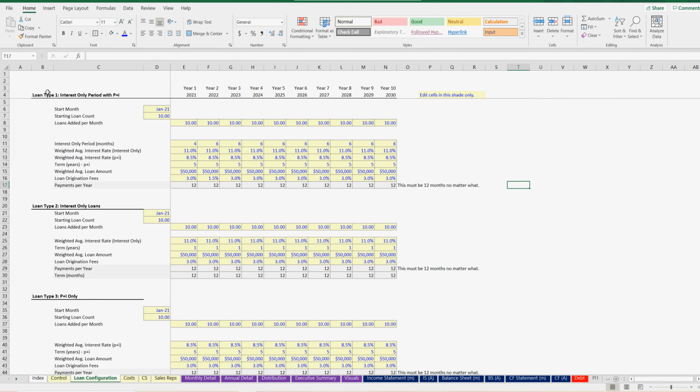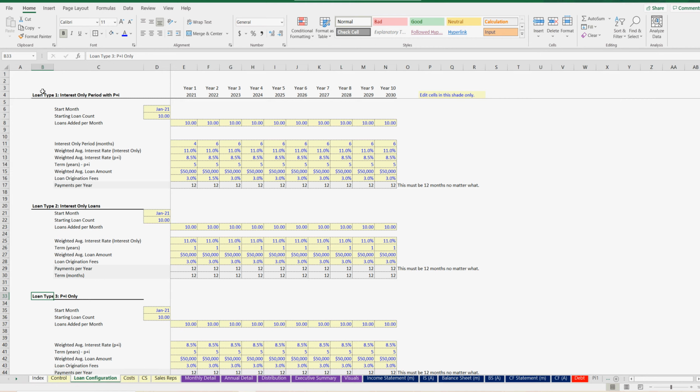But basically, you can plan out the lending of three different loan types. The first type is a loan with an interest only period, followed by a principal and interest repayment plan. The second type is just interest only loans. The third is principal and interest only loans.